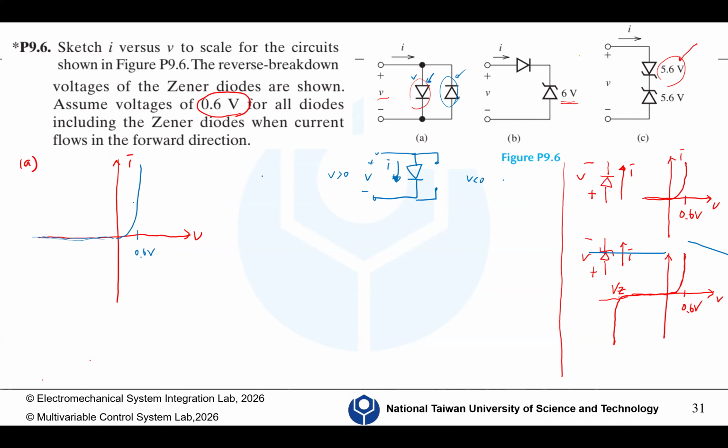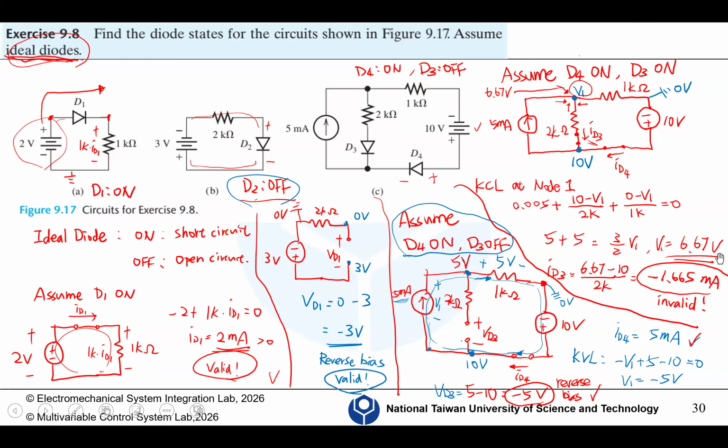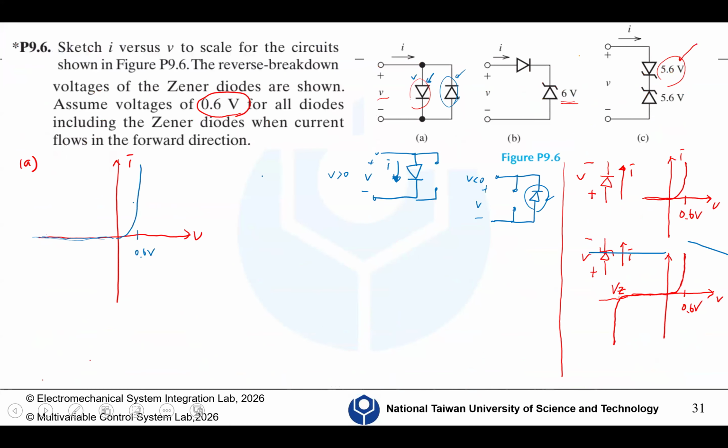When V is smaller than zero, at this moment the first diode is an open loop, so this is positive, negative V, but the second diode is on. So we focus on this diode.